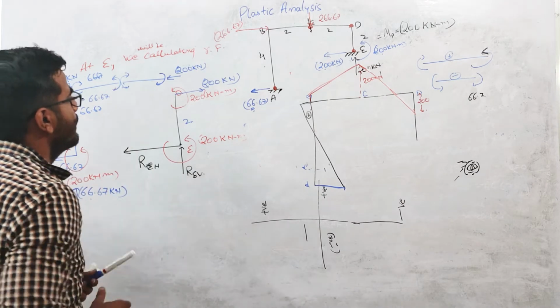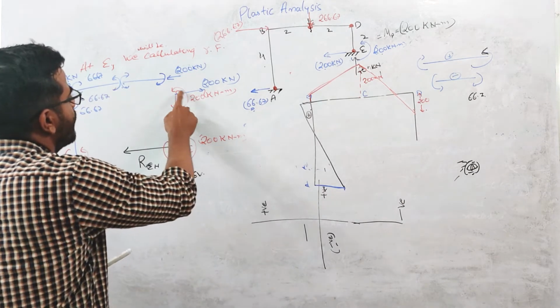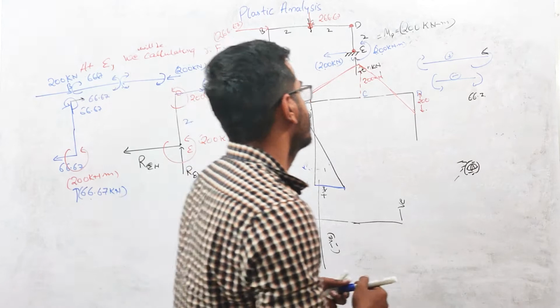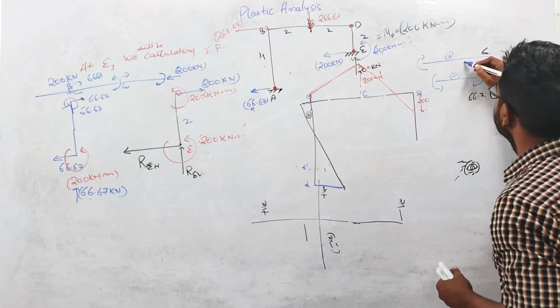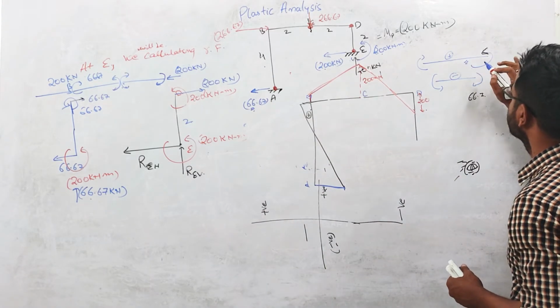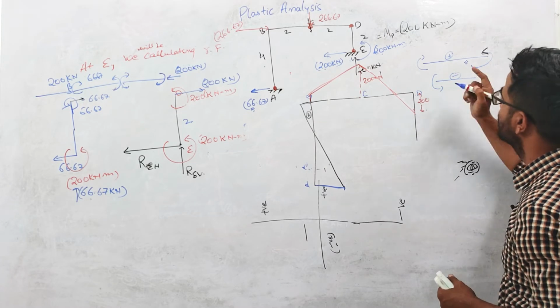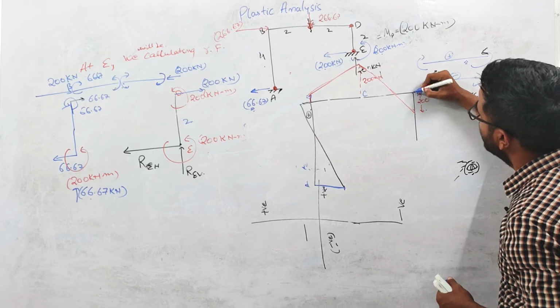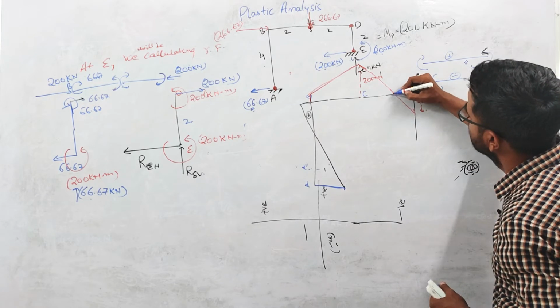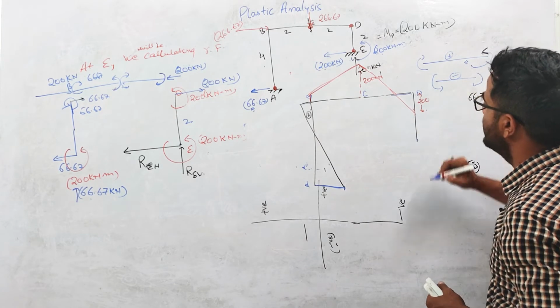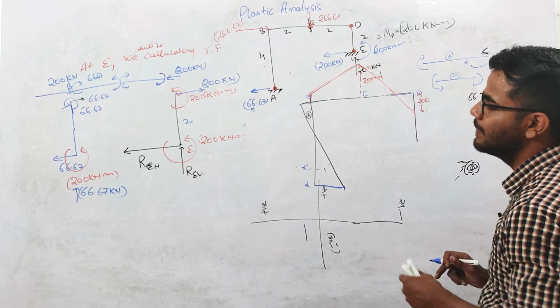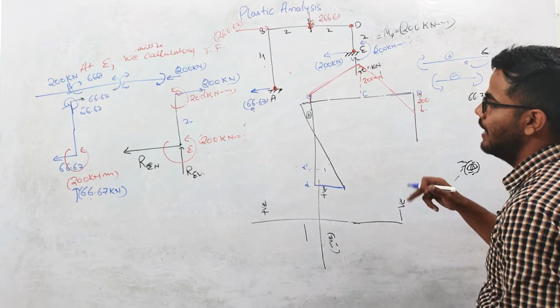Now for this member, the bending moment diagram at this D point is in anti-clockwise direction. So again, if you consider this sign convention, if you move from this side, this anti-clockwise moment will be positive. So it will be drawn above this axis. Okay, and at this E point, the bending moment is anti-clockwise.